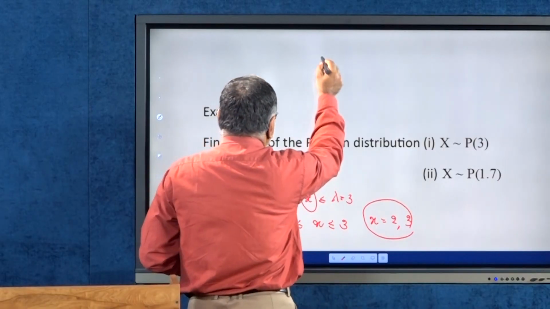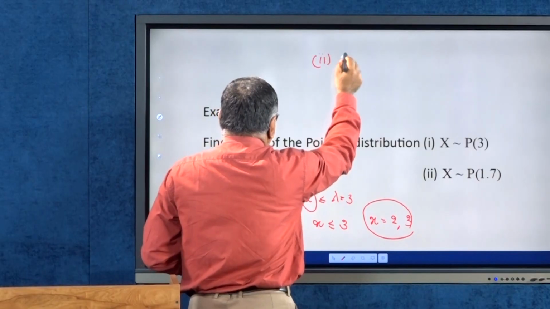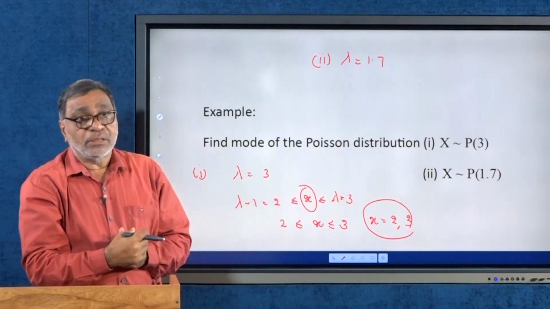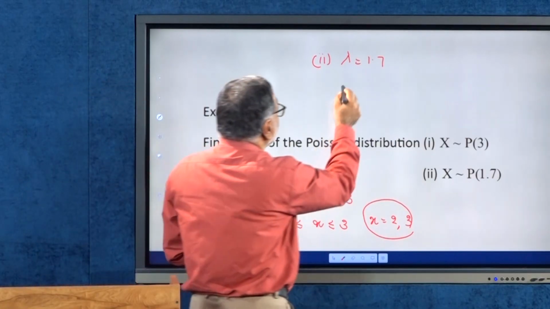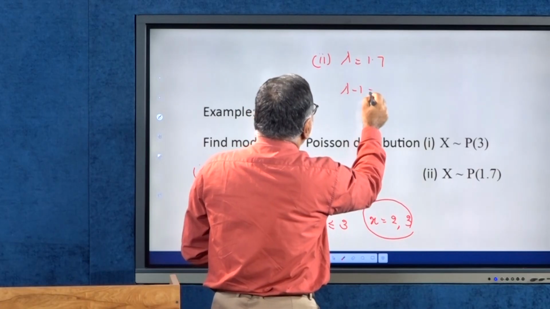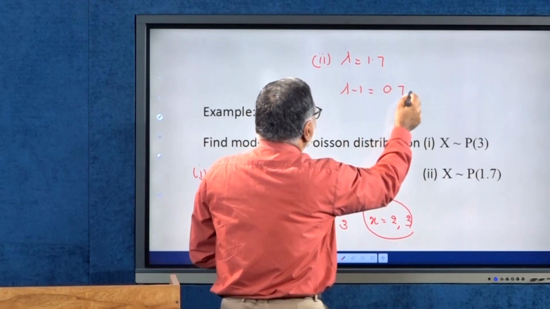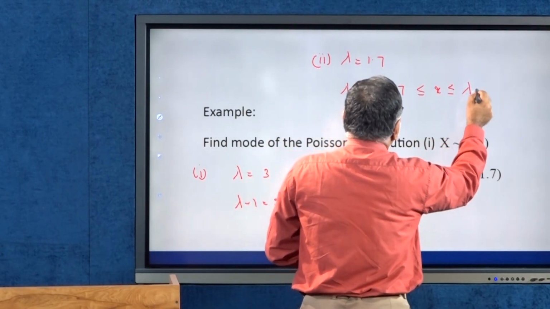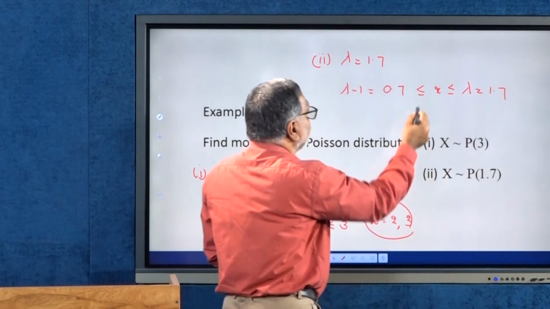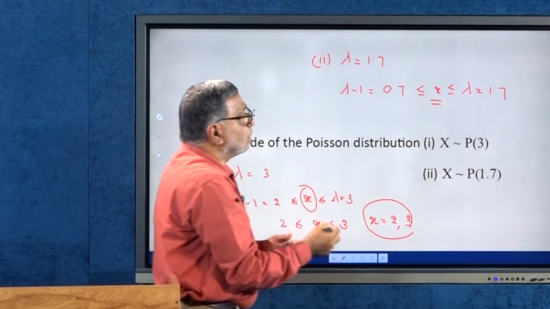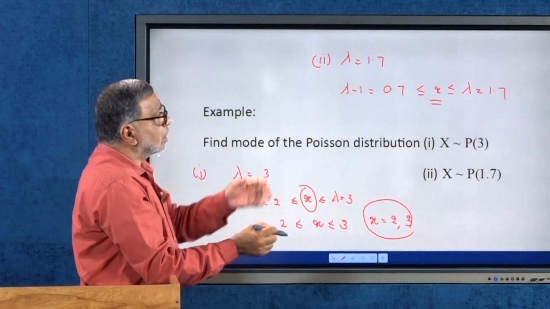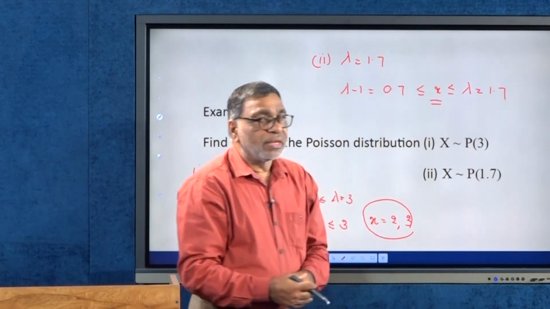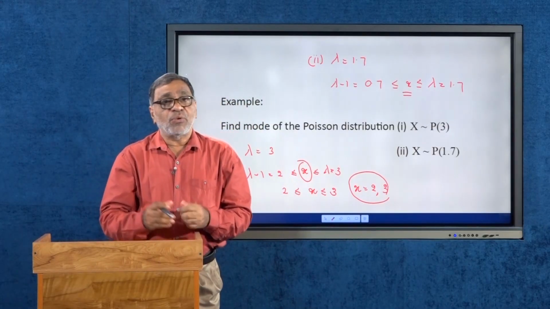Similarly, in the second example, lambda is given as 1.7. That is not an integer. So lambda minus 1, that is 0.7, less than or equal to x less than or equal to lambda, that is 1.7. If x is the mode, by the inequality that we derived, x lies between 0.7 and 1.7.